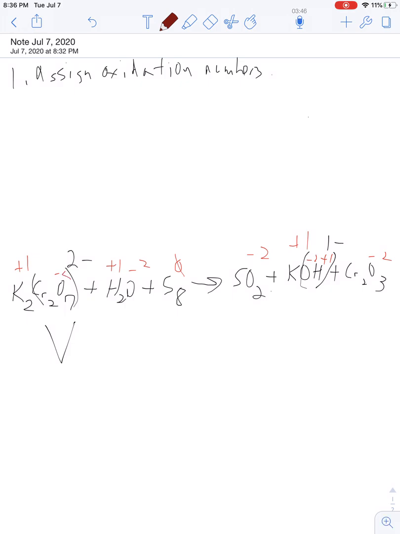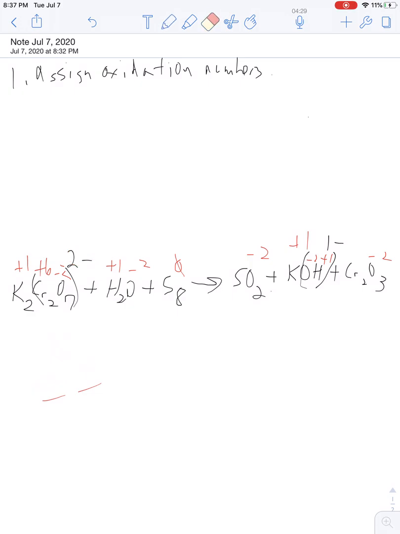So because oxygen's a -2, 7 times 2 is -14, that means my chromium must be a +6. +6, because 2 times 6 is 12, 7 times -2 is -14, 12 minus 14 gives me my 2- charge.